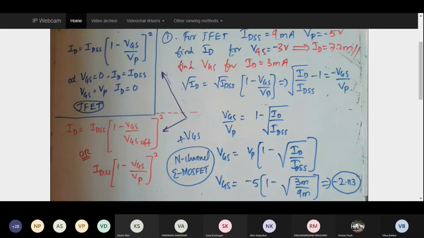The device is off. The channel cannot form, because in an n channel MOSFET VGS should be positive. If you are getting VGS as negative, that only means that you are not forming the channel. And if you are not forming the channel, there should be no current ID equal to 3 milliampere.